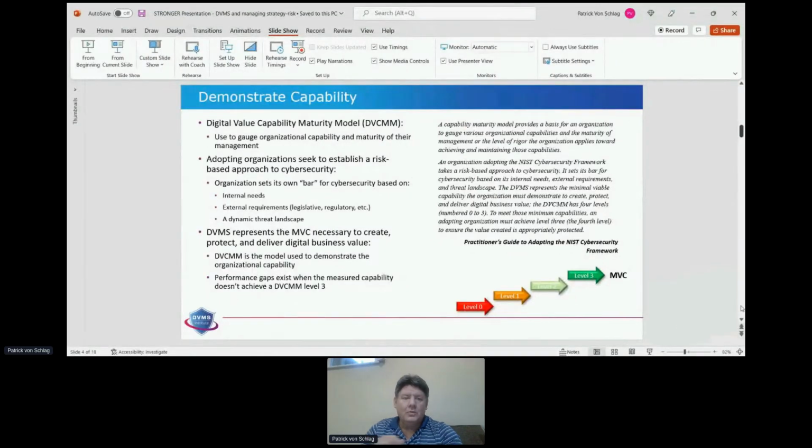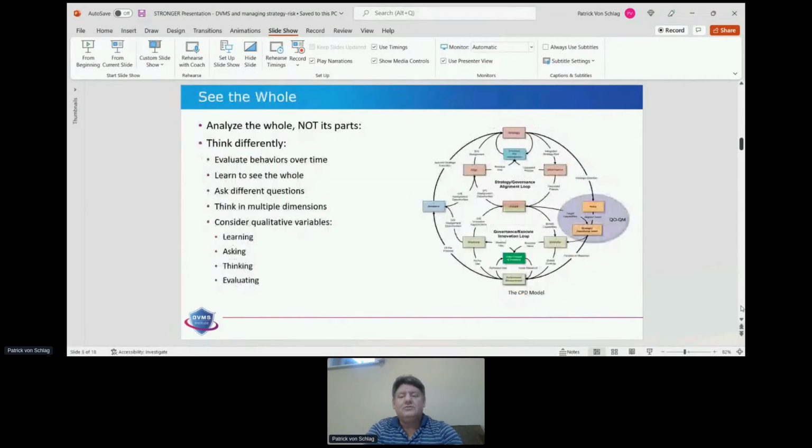So with all that as a premise, in the courseware and in the book for the NIST Cybersecurity Framework Practitioner Guidance, we introduce what is called a CPD model: create, protect, and deliver. It is a complex system of systems.